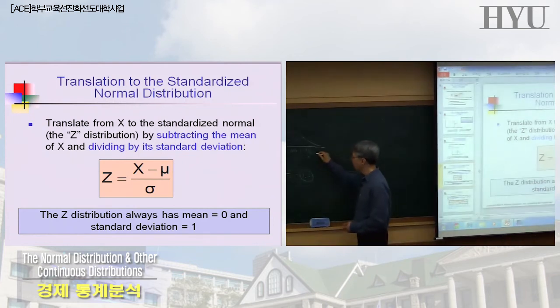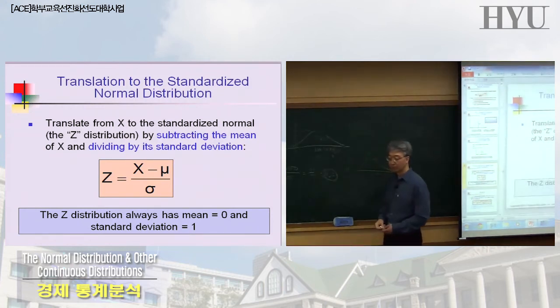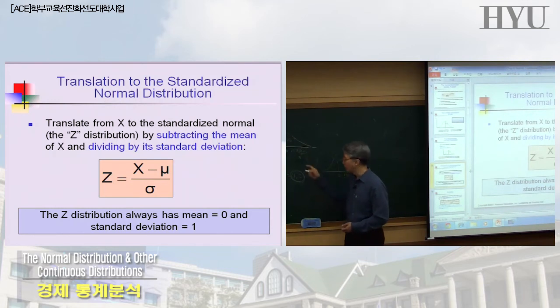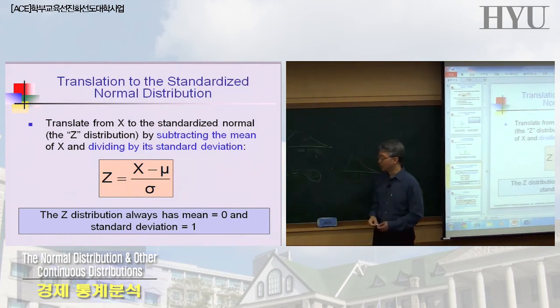We translated 160 in this particular distribution into standard normal, and the z-score comes out to be 1.2. So what can you say about 160 here? That 160 value is over the mean? What do you mean, over the mean? Yes, it is greater than the mean, right? But how far is 160 from the mean?